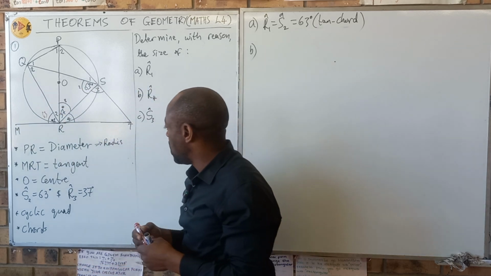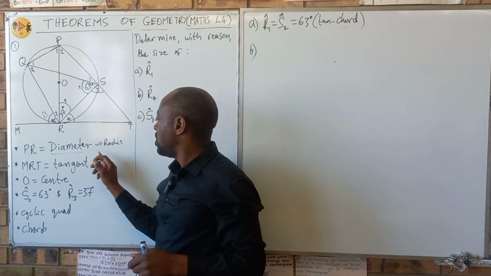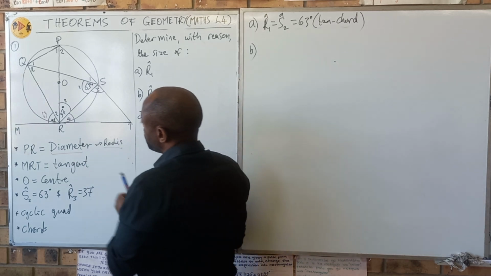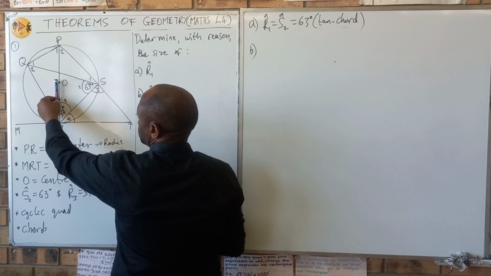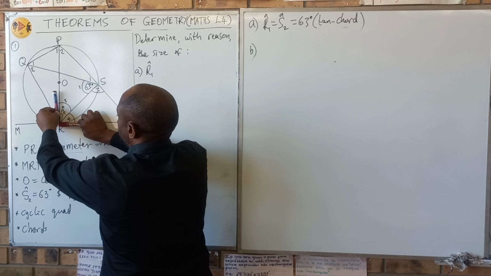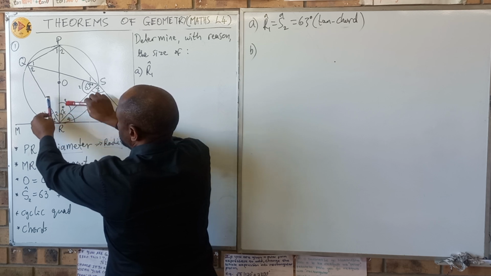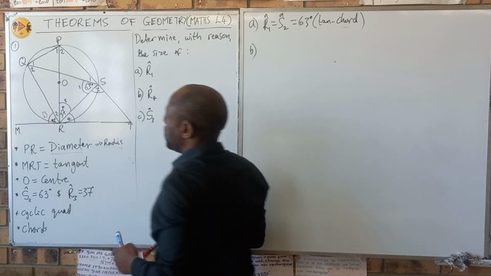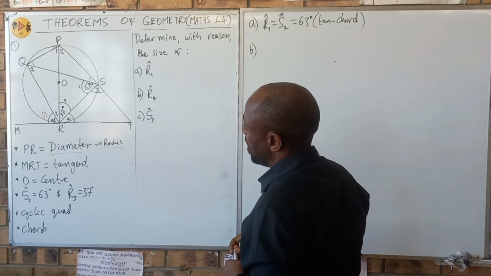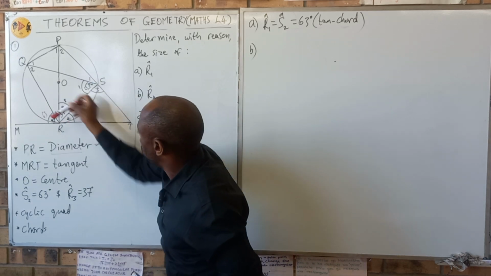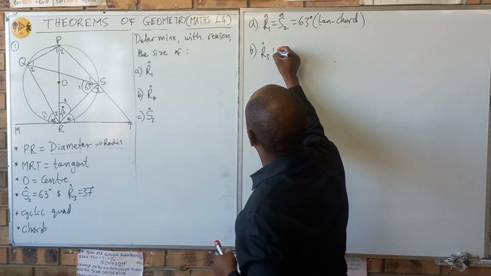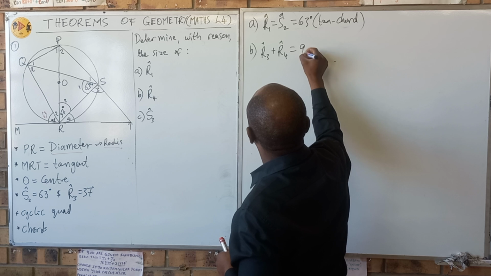But one nice thing here is that I've got a diameter. That diameter also contains the radius, and you can see that the angle between the radius and the tangent must always be a right angle. So that means R3 and R4 must sum up to 90, because the radius is perpendicular to the tangent. So my R3 plus R4 should be equal to 90.